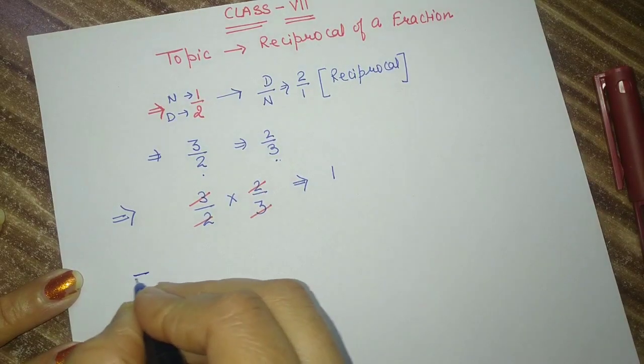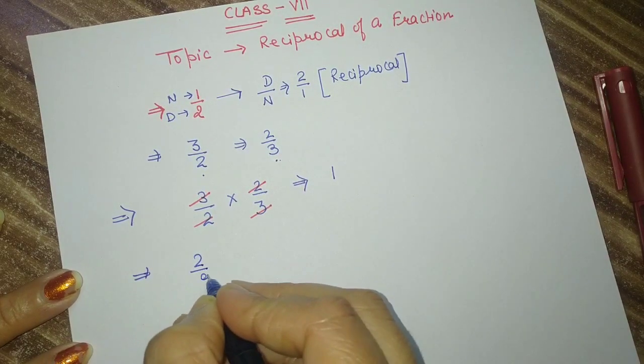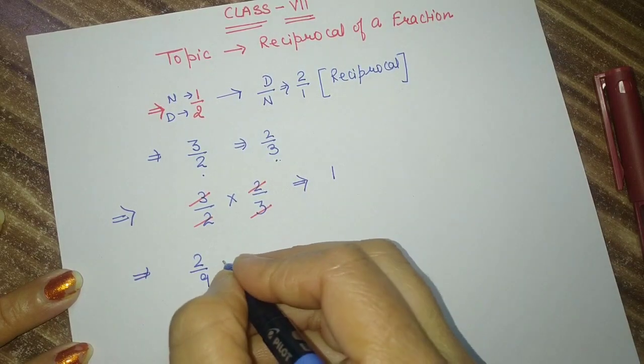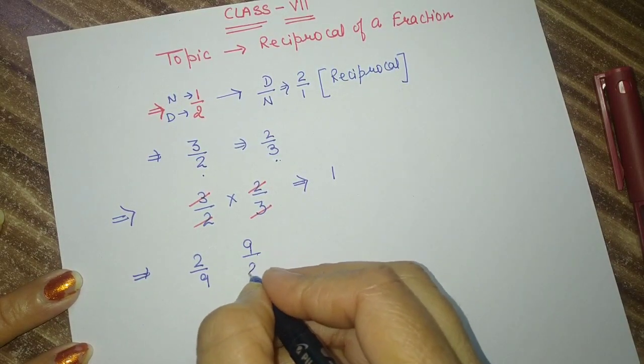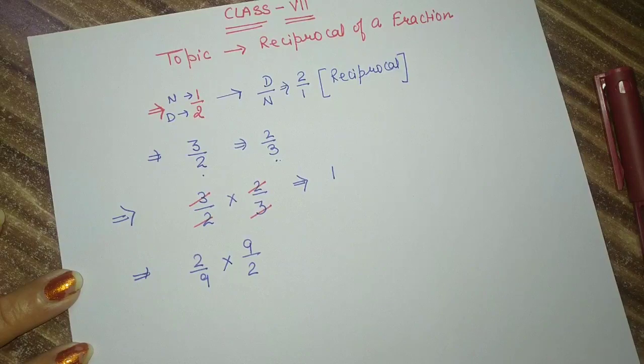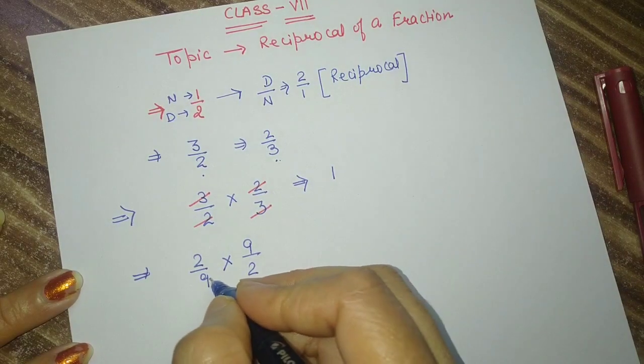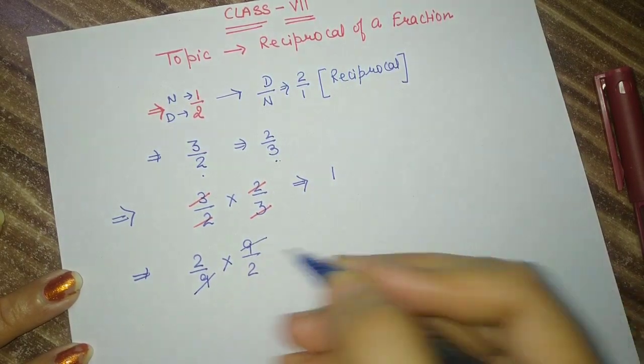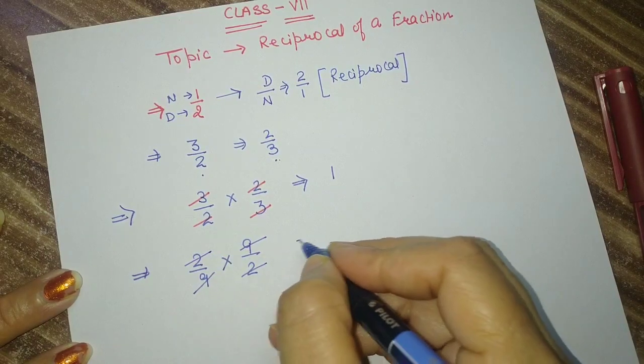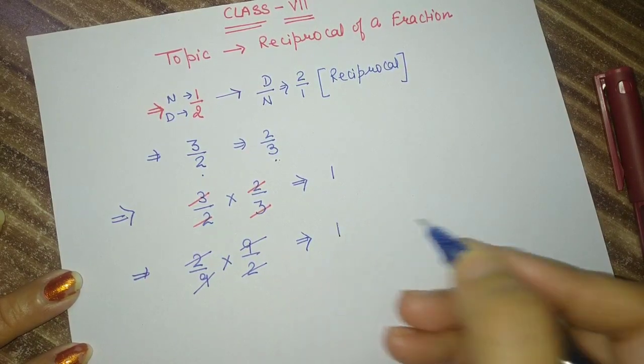For example, the fraction is 2 by 9. Then its reciprocal is 9 by 2. Their product, 2 by 9 multiplied by 9 by 2: 9 cancels out with 9 and 2 cancels out with 2. What will we get as the answer? 1.